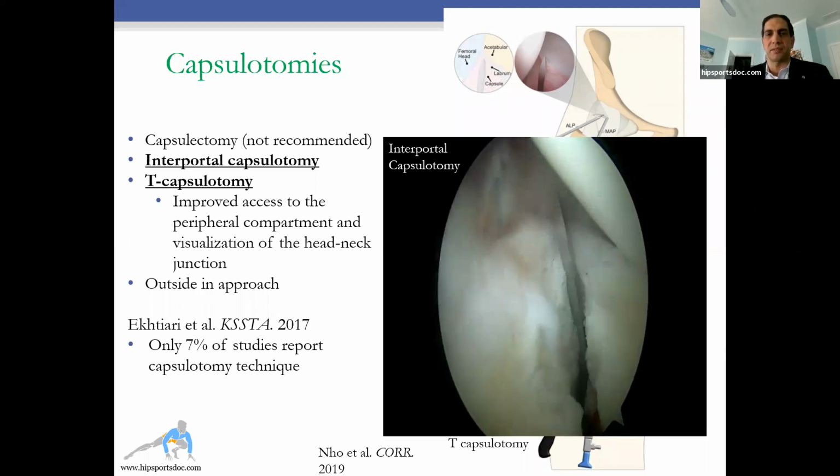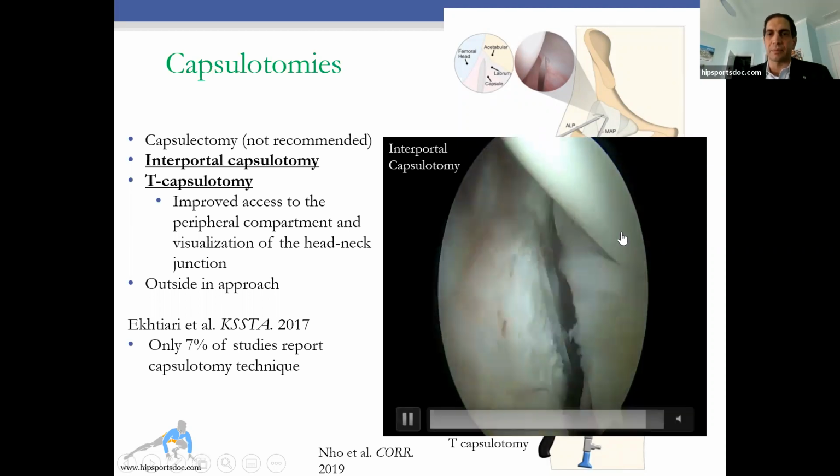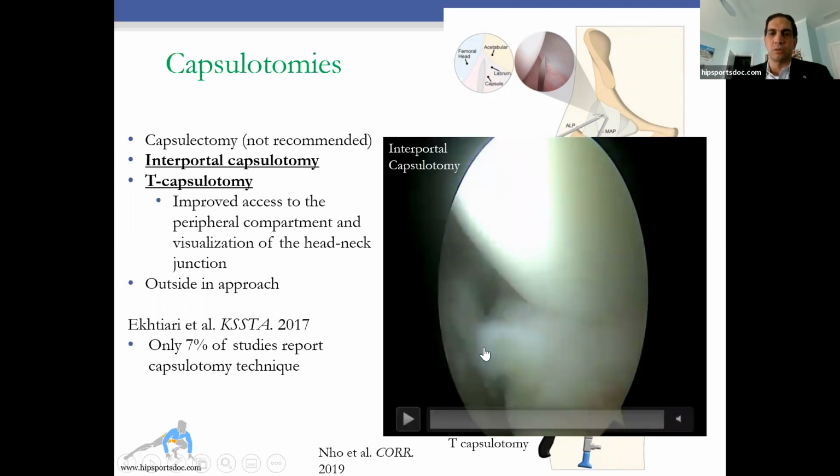So the labrum is on the left side of the screen here. This is capsular tissue here, and this is the femoral head. And so the capsule is cut in line with the labrum, leaving a margin there. And the two portals are interchanged in terms of visualization and connected. Sometimes the portal can be extended, in this case down the screen, which would be further posterior.